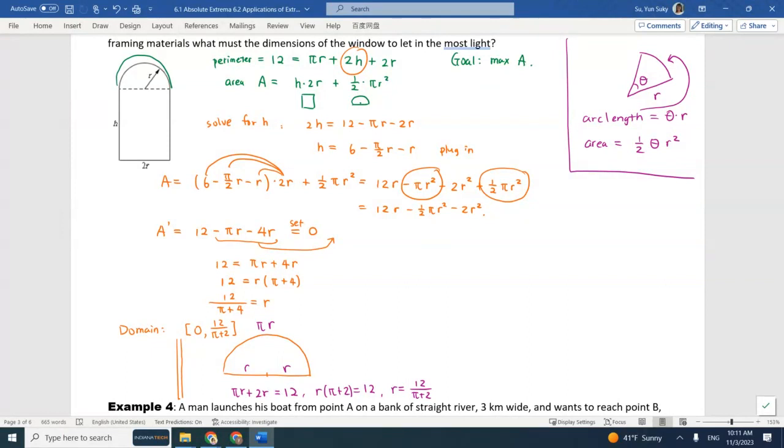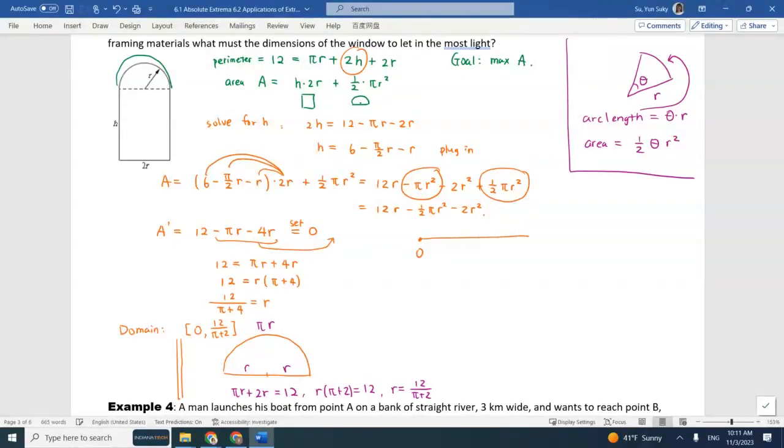Is that okay, everybody? The smallest r is 0. Then our h is like 6. Biggest r, your r is bigger, then your h is 0. So the framing materials together is 12, so we find r is 12 over pi plus 2. Now draw the picture.